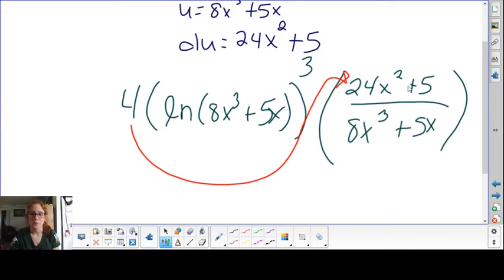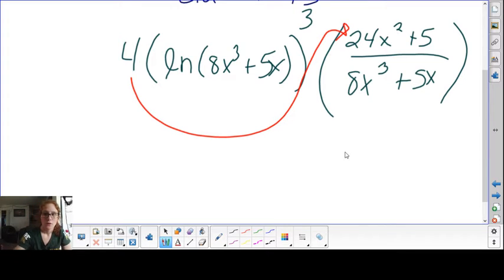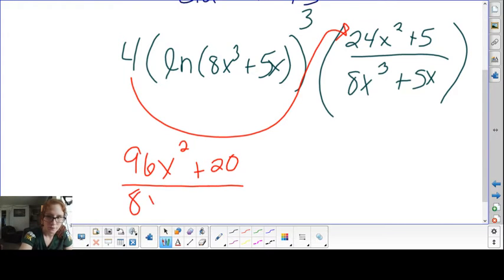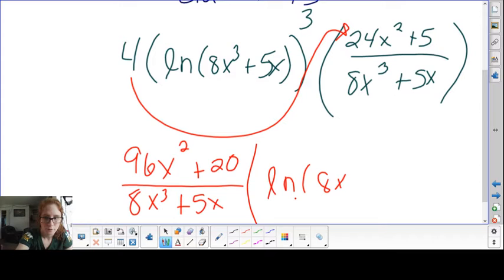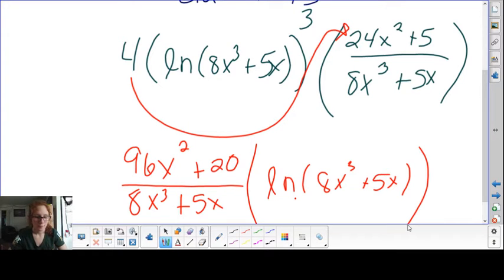So I have a whole number times a fraction, which means the whole number just multiplies through on top. So 24 times 4 is 96. So 96x squared plus 20. The denominator stays the same. So 8x cubed plus 5x times the natural log of 8x cubed plus 5x. Excuse me, 8x cubed. I said squared. My bad.